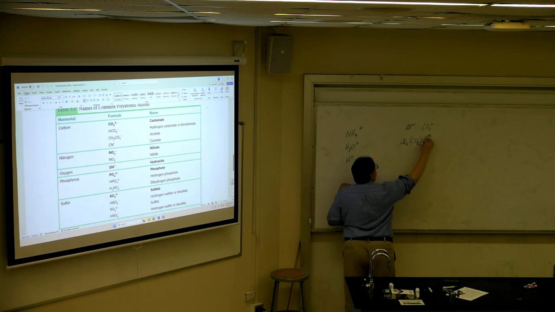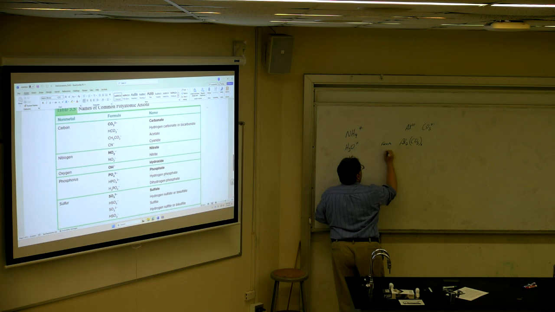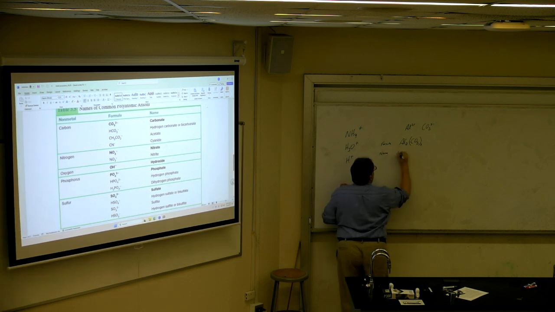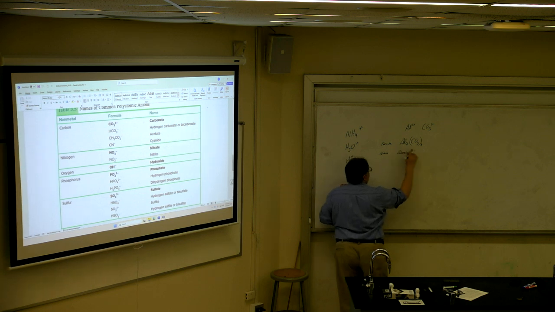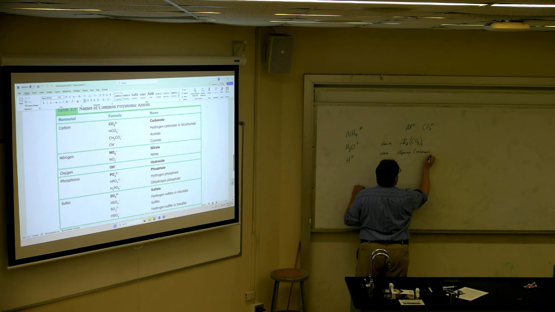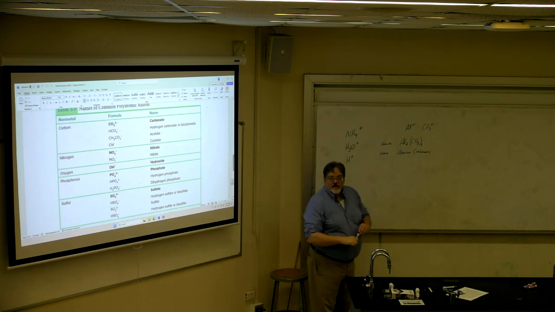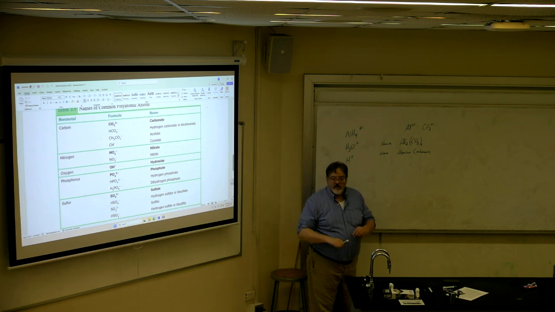So you got a total charge of -6 and a total charge of +6. That's the formula. And then the name, straight off the periodic table this, and this is carbonate. Carbonate you can get off of here, and the charge on CO3 you can get off of here.